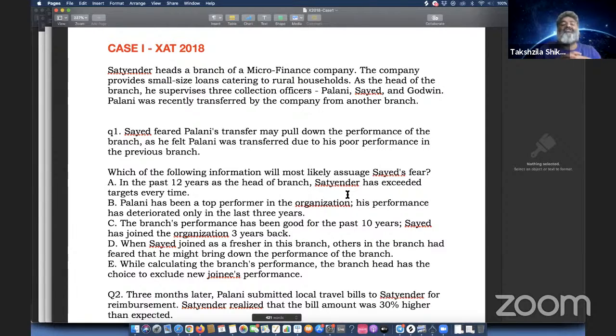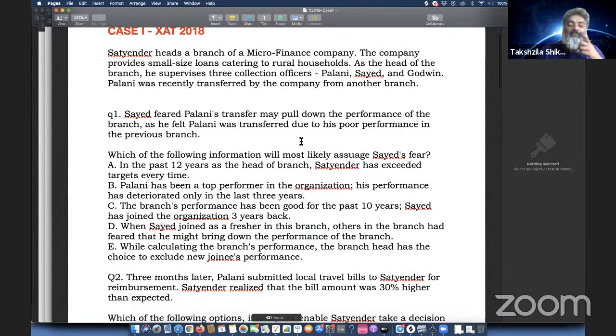So my contention as earlier is that it's a critical reasoning game, and a simpler critical reasoning game actually.